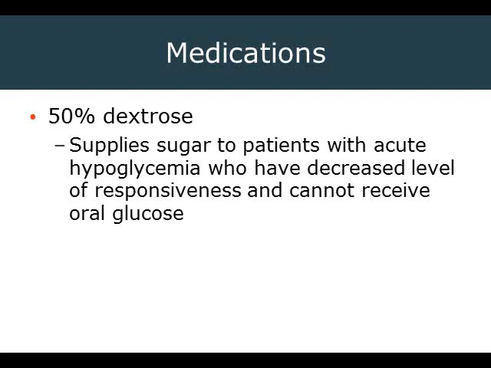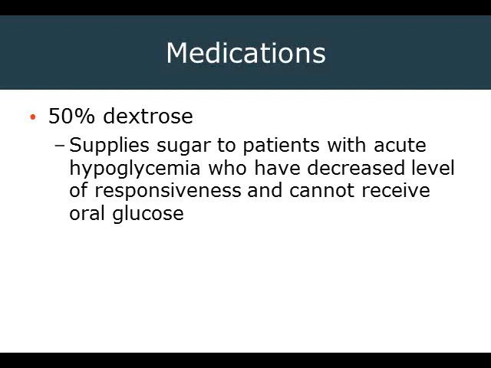The dosage is generally 25 grams slow IV push. The reason that it's slow is mainly because we need it to dilute as it goes in, and it's so thick it's just hard for us to push anyway. You can repeat it in about 10 to 15 minutes if their blood sugar remains below 70.